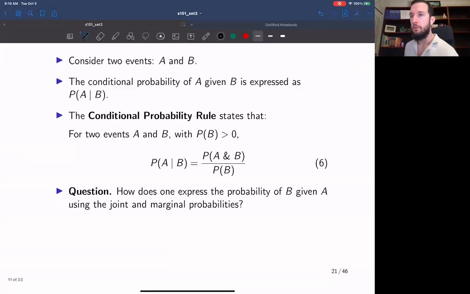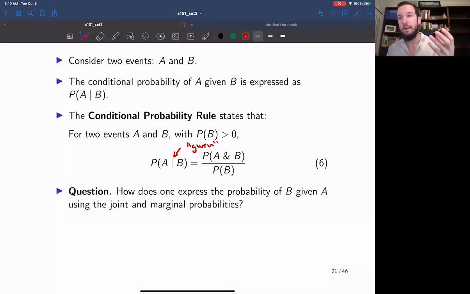Now what we will do is discuss the conditional probability, which is a combination of the joint and the marginal. Formally, the conditional probability is given in equation 6. This probability is saying the probability of event A given, so the line here means given, event B has to have occurred.